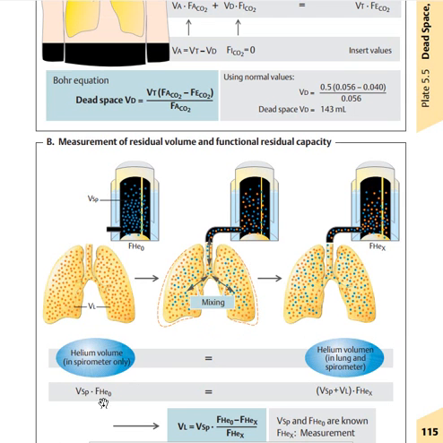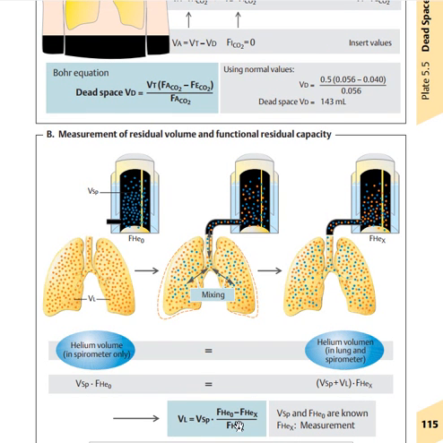That number of moles is the volume of the spirometer times the fraction of helium inside the spirometer, which is equal to both the volume of the spirometer plus the volume of the lungs times the fraction of helium at this point. So that's the number of moles. When you have this, you can calculate and you are going to have your final formula.